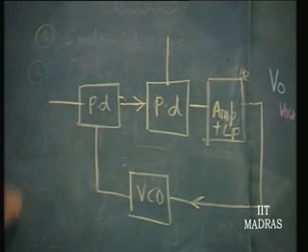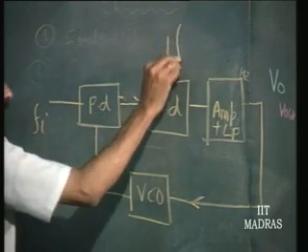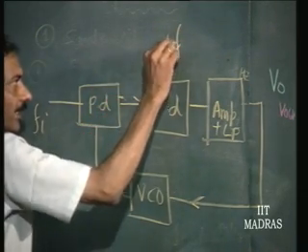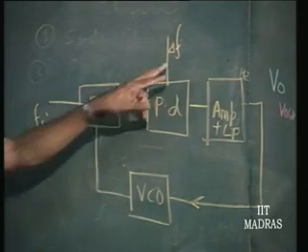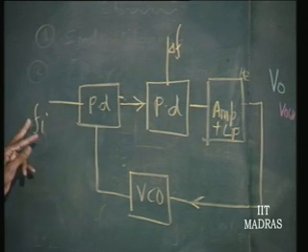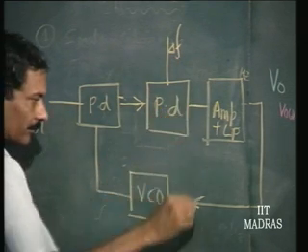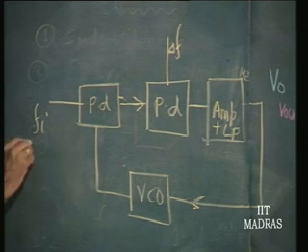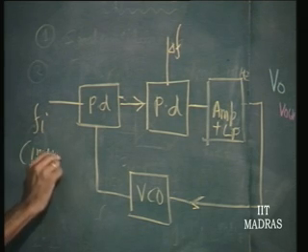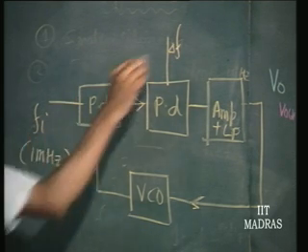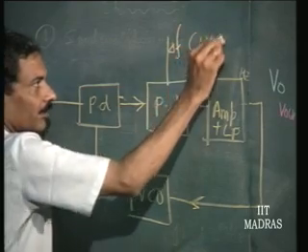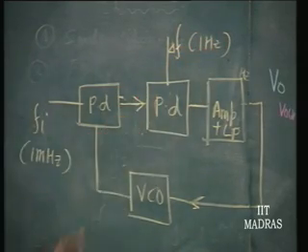Now, let us see, this is f I, this is delta f, let us say this is 1 hertz and this is 1 megahertz. I will keep track of this 1 megahertz and this 1 hertz. This is the multiplier, the same multiplier. Now, I am putting it inside the loop.